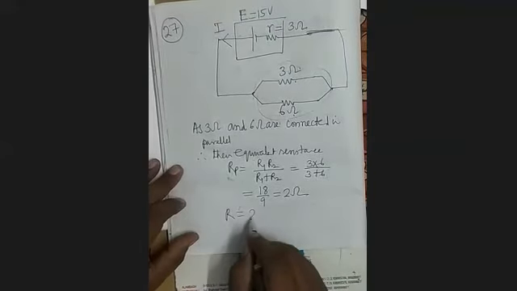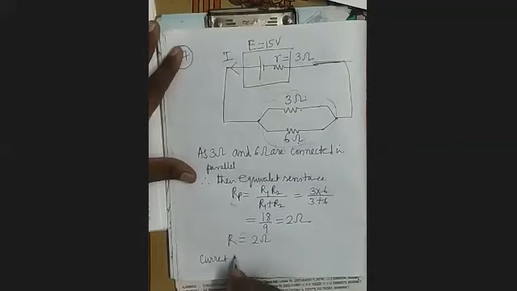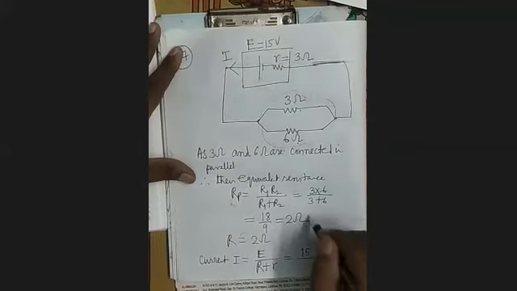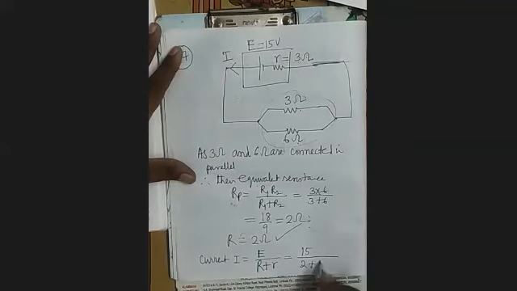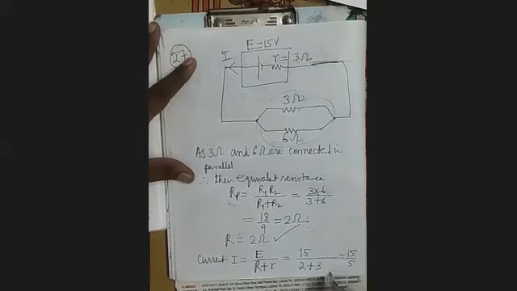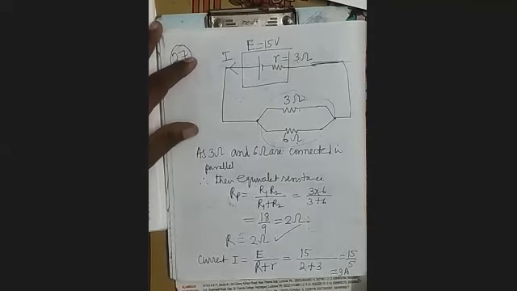External resistance is 2 ohm. Therefore current you can say I equals E upon capital R plus small r. It is 15. Capital R is 2 and small r is 3. So 15 upon 5. So it is 3 ampere.